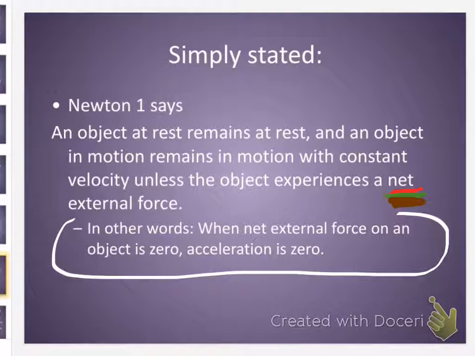Talk amongst yourselves. Talk at your table. I did hear a few people muttering, constant velocity. Yeah. If something is moving at constant velocity, it's got 0 acceleration. So we can have an object that has all the forces on it balanced. The net external force is 0. It's got 0 acceleration.